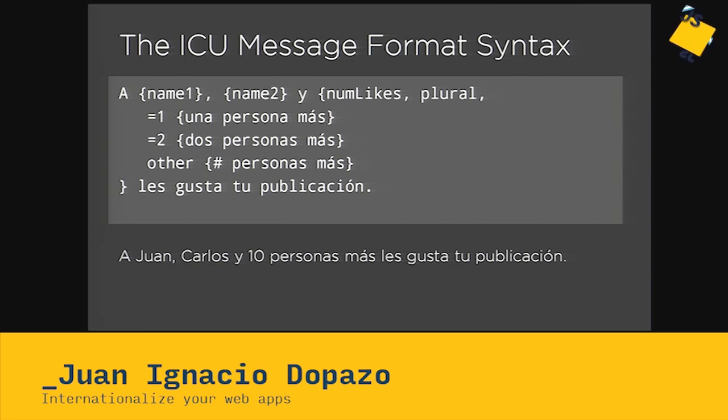You have to start concatenating strings and doing awkward things with your code that mixes up your actual translations with your data. So, for example, in this case, we have a portion of the sentence that depends on the value of a certain value, such as num_likes in this case. And the rest is just syntax for special tokens that refer to values in your code.